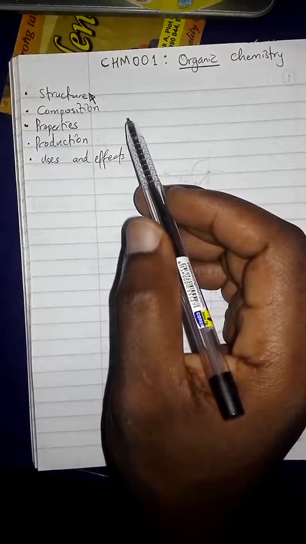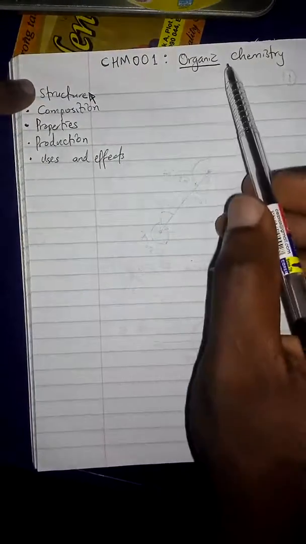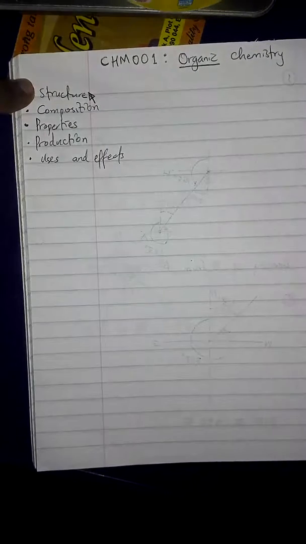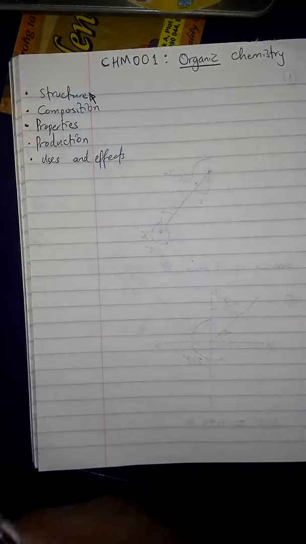Now, to get very specific, I just said that organic chemistry deals with the study of organic matter. That is, we'll be looking at the composition, the properties, production, and uses and effects of organic substances, that is, naturally occurring substances.